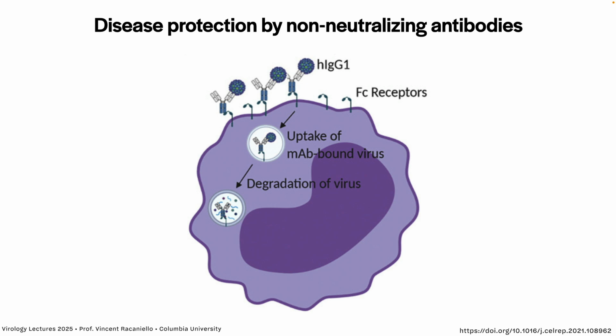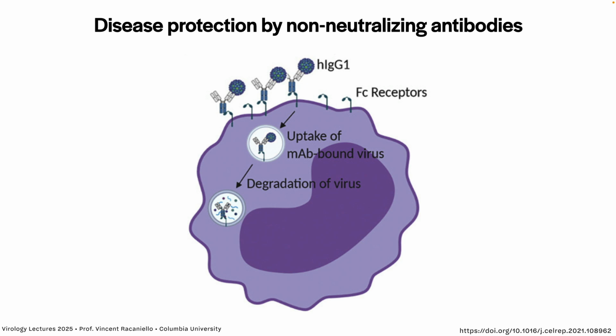All right, so I've talked about neutralizing antibodies, but I don't want you to think that's the only way antibodies work. We're now learning that for many infections, disease can be prevented by non-neutralizing antibodies. I'll give you 3 examples. Here's an example of a cell that has Fc receptors on the surface. Now, Fc receptors will bind the Fc domain of the antibody. So you can have antibodies that bind a virus particle, but don't block infection.